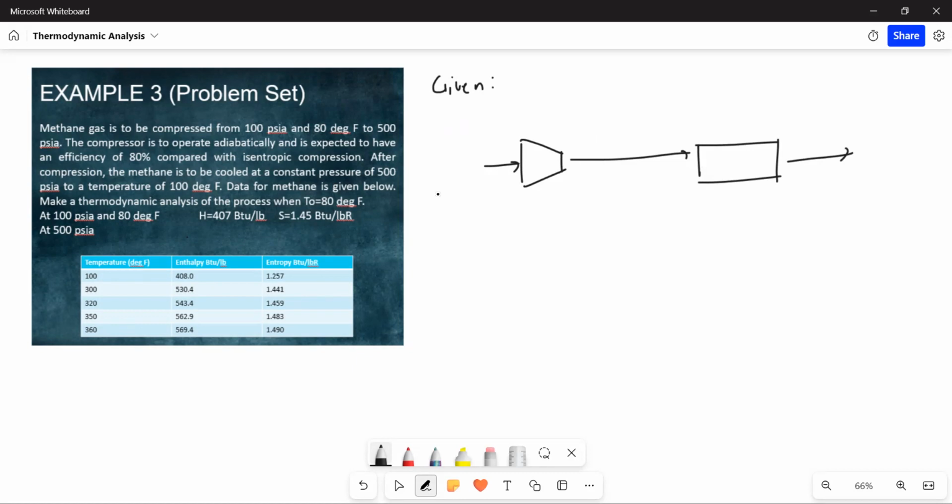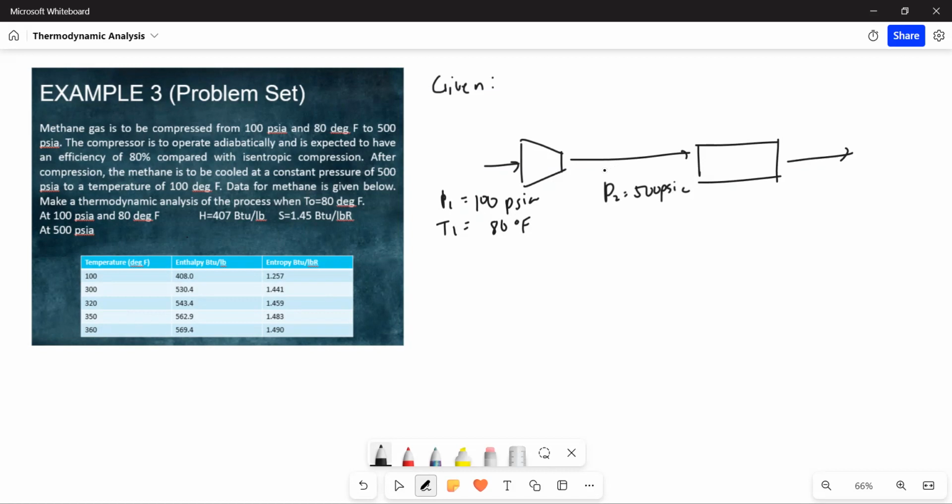And then we're given that at P1, the inlet of the compressor, the pressure is 100 psia and the temperature T1 is 80 degrees Fahrenheit. We're also given after compression P2 is 500 psia.